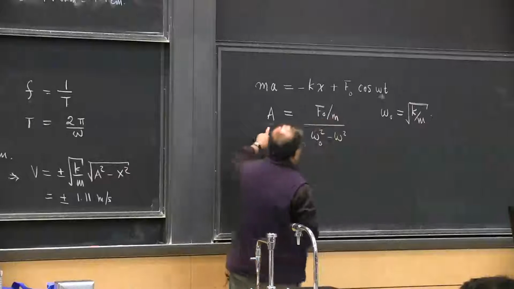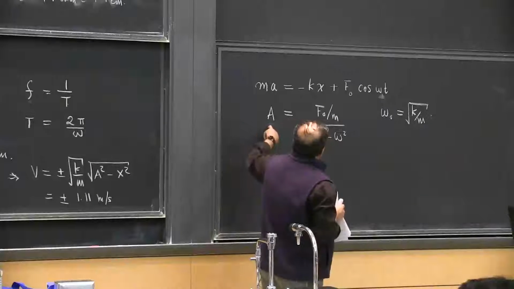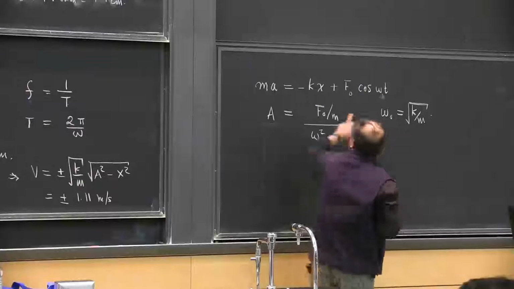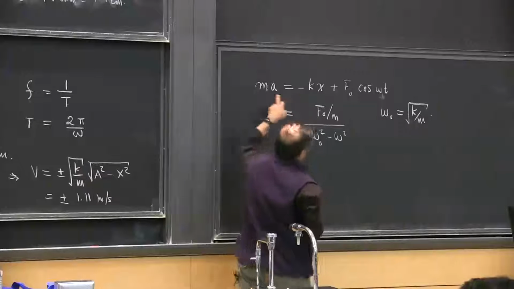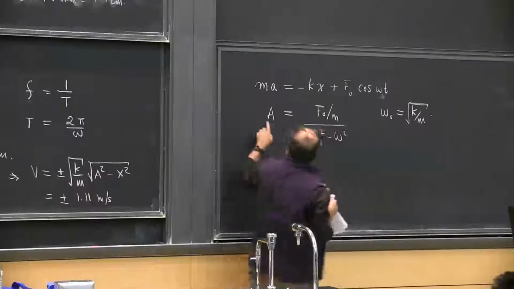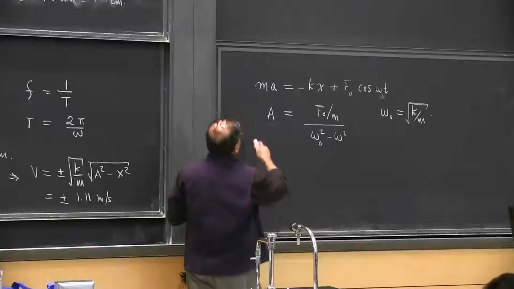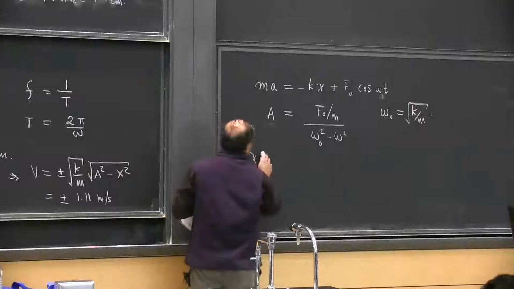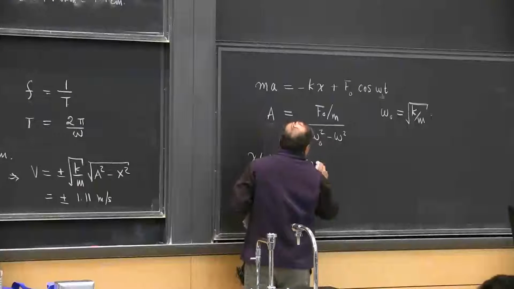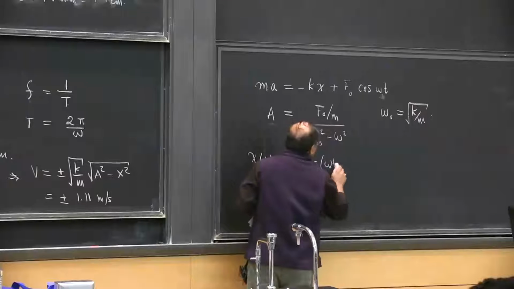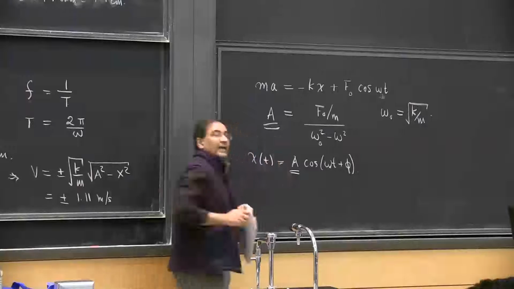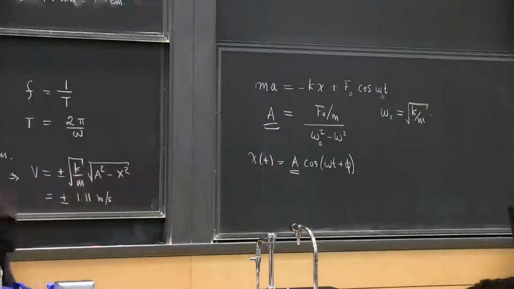But you can see here what happens. This is the driving frequency omega, and this is the frequency of the oscillator, omega 0, the square root of k over m. If you recall my discussion from Tuesday, x of t is A cosine of omega t plus phi. That's how we wrote it. And this A is the same as that A, the amplitude of the oscillation.